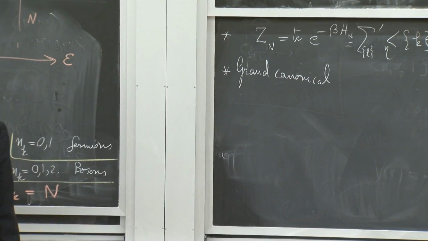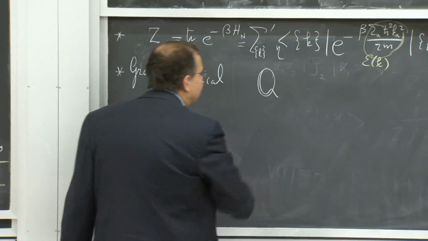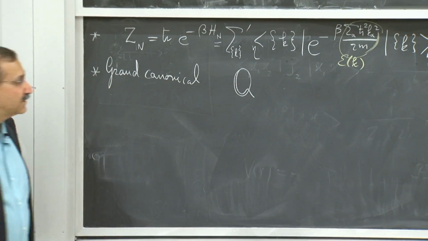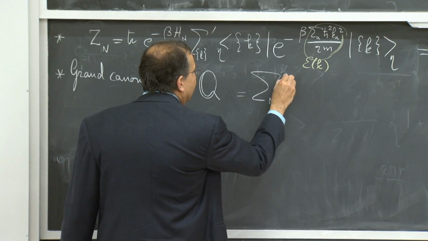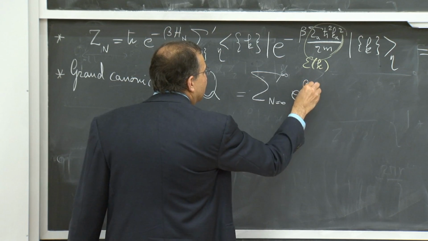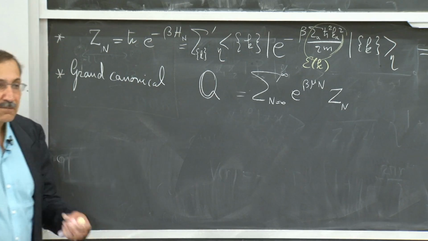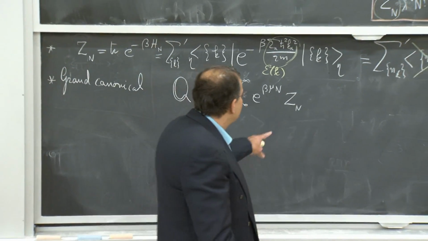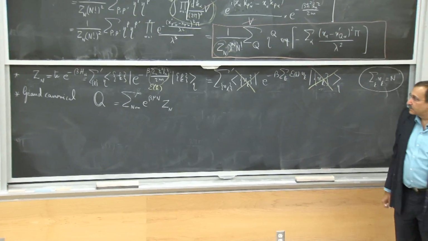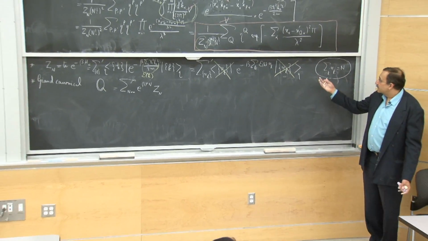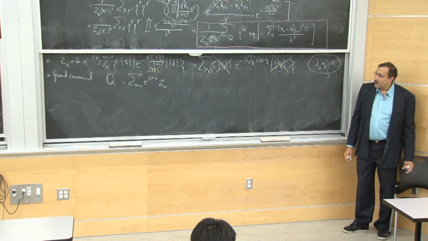We remove this constraint on n by evaluating a grand partition function Q, which is a sum over all n of e to the beta mu n Zn. So we do essentially a Laplace transform. We exchange our n with the chemical potential mu. Okay? Then this constraint no longer we need to worry about.